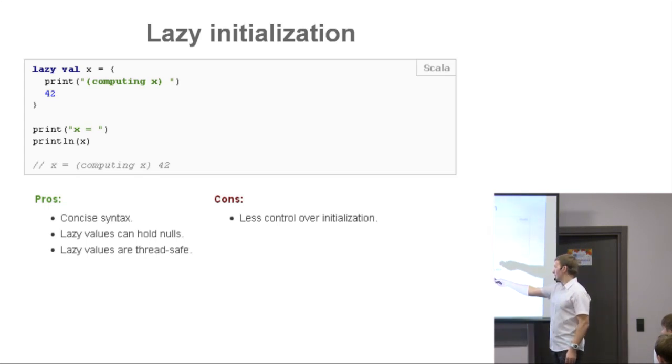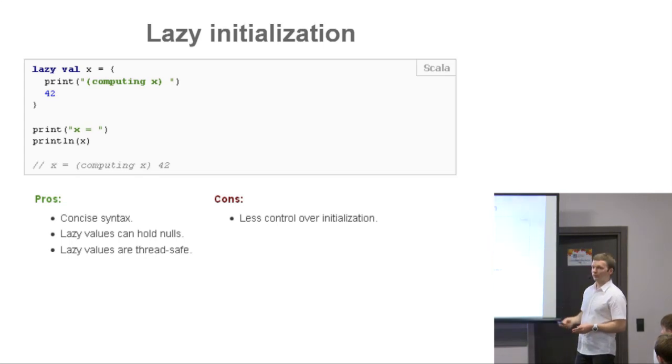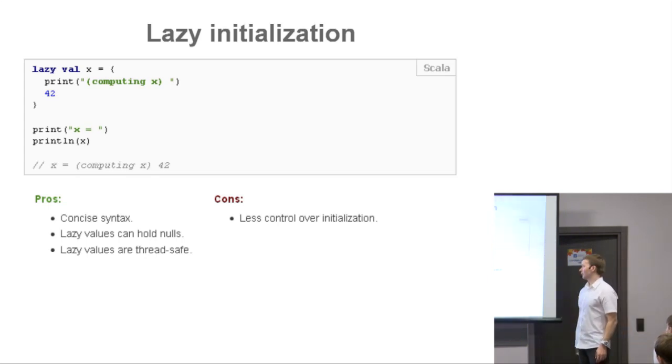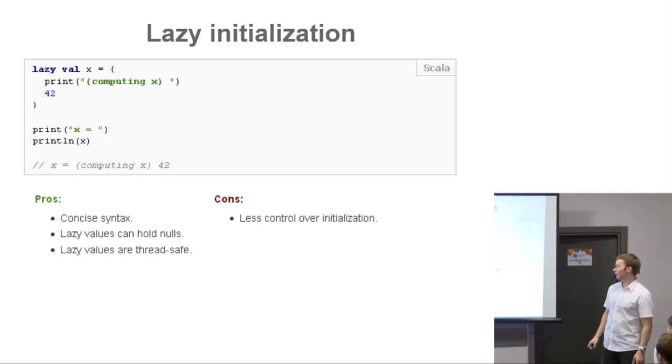And as we can see in the result, the actual computation of the value will be performed only on the last line. So the advantages are that we have a very concise syntax. Such values can hold nulls, and such values are thread safe.